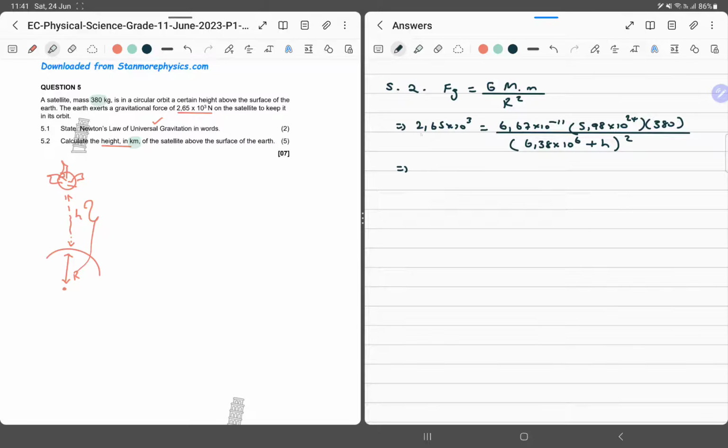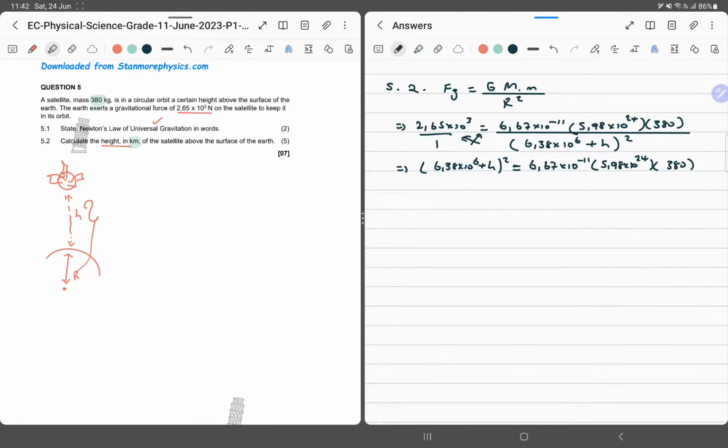Okay, this is basically over 1, and then we do our gymnastics, which will eventually tell us that 6.38 times 10 to the 6 plus h, squared, is basically equal to, now what do we do? We just leave this one. Okay, so that's what we've got.